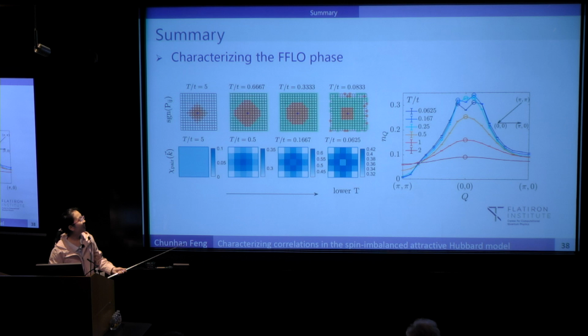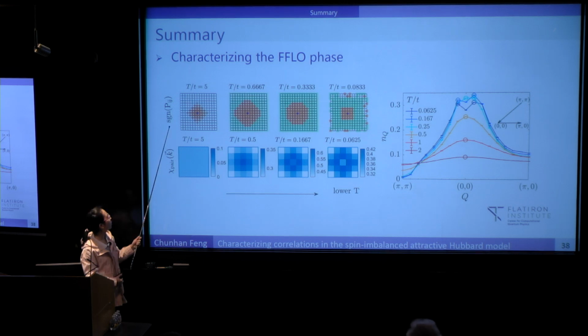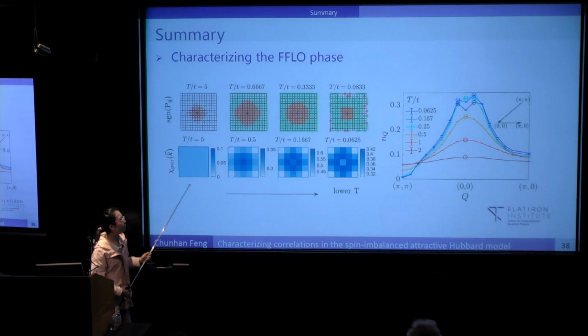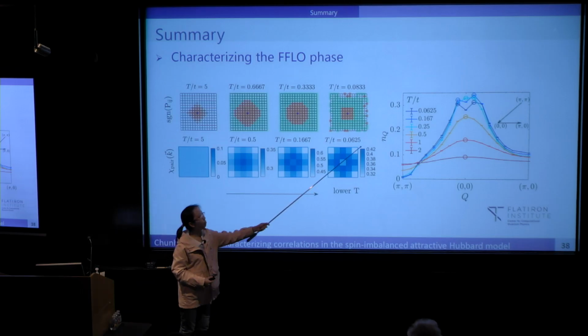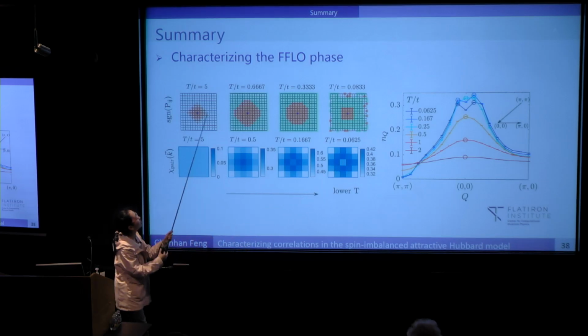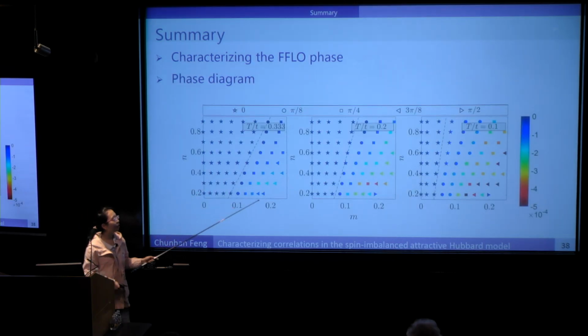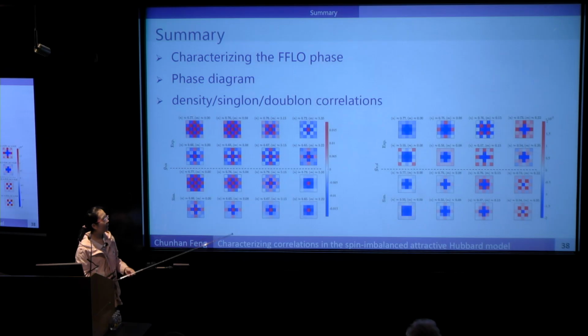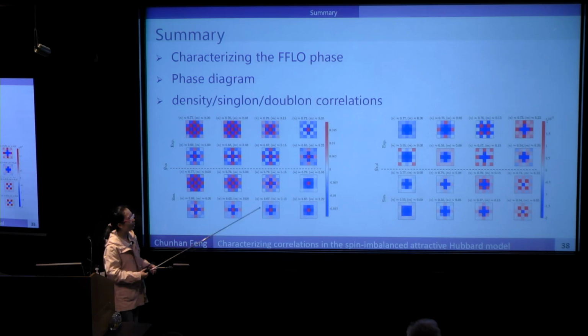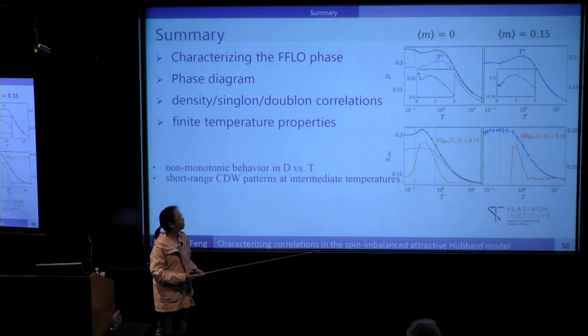Okay, great. To summarize our work, we looked at the real space pairing correlation, pair susceptibility, and pair momentum distribution to characterize the FFLO order. Then we obtained a complete phase diagram on the 2D density versus magnetization plane. We also looked at some interesting correlations, density ones, and also single-on and double-on ones.